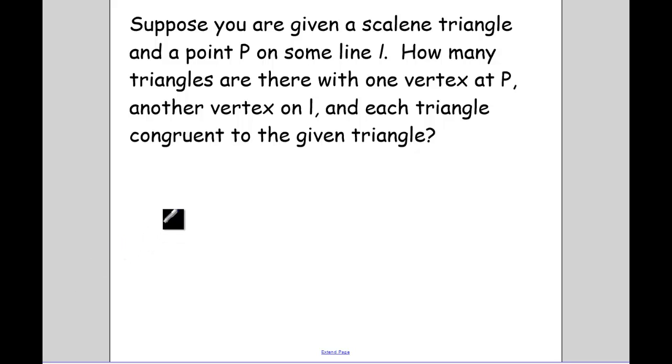Next, suppose we're given a scalene triangle and a point P on some line L. How many triangles are there with one vertex at P, another vertex on L, and each triangle congruent to the given triangle? So you need to think about this now. And on my next slide, I have a picture.